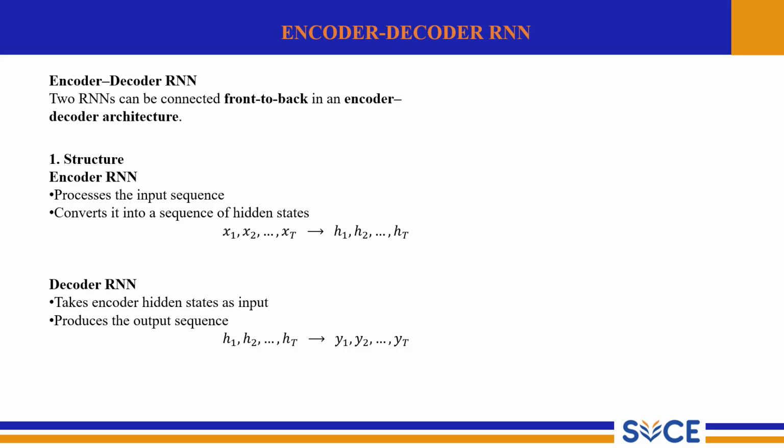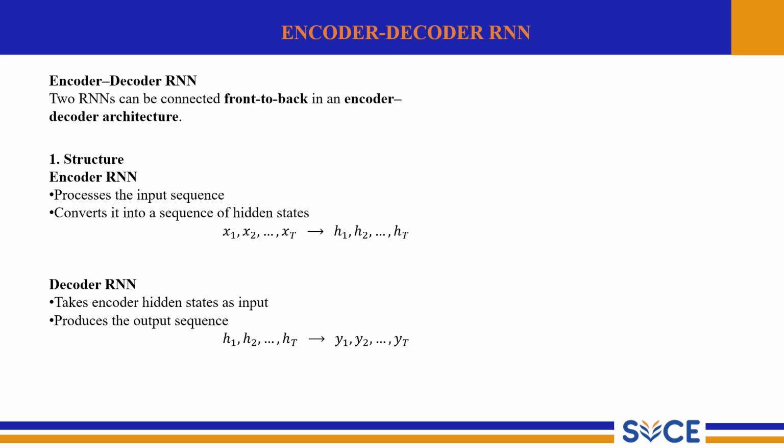Next, encoder and decoder RNN. This architecture is widely used in sequence to sequence problems where we need to convert one sequence into another sequence. A common example is translating a sequence from one language to another.